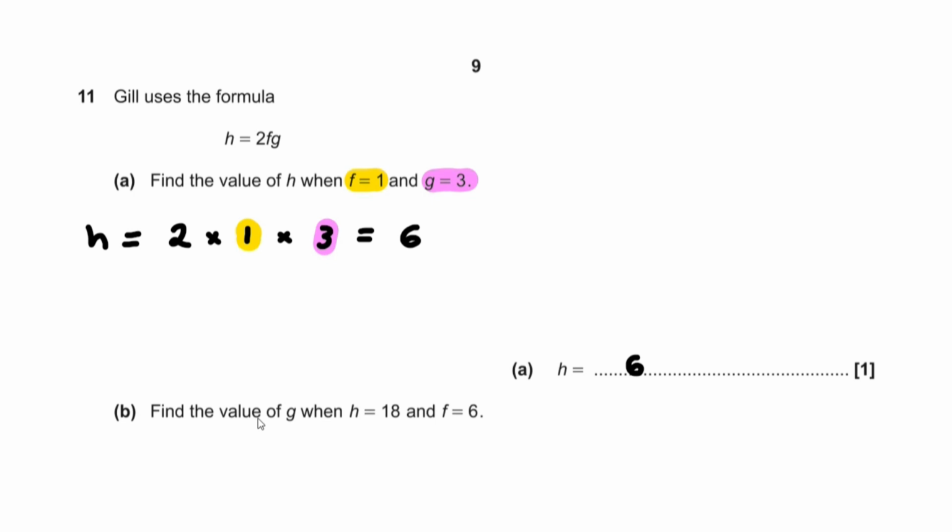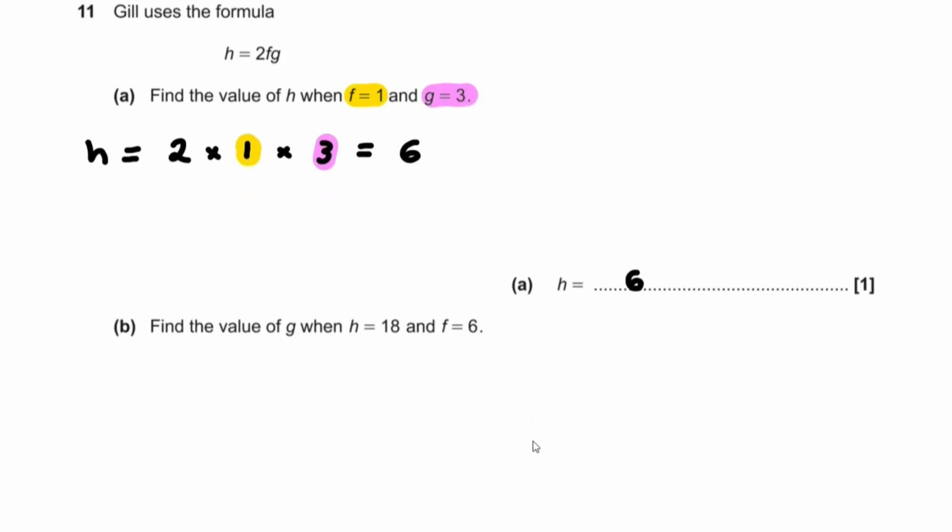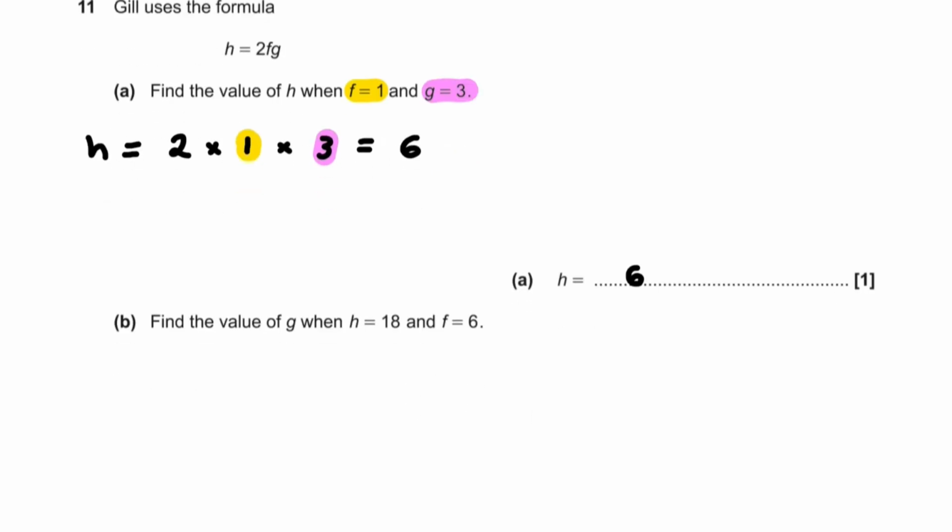Part B, find the value of g when h is 18 and f is 6. So we have this time h is 18 and we have f, which is 6. So I have 18, which is what h is equal to, and this is equal to 2 times by f, which is 6, multiplied by g.